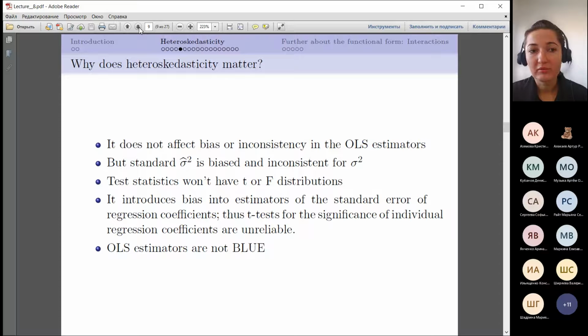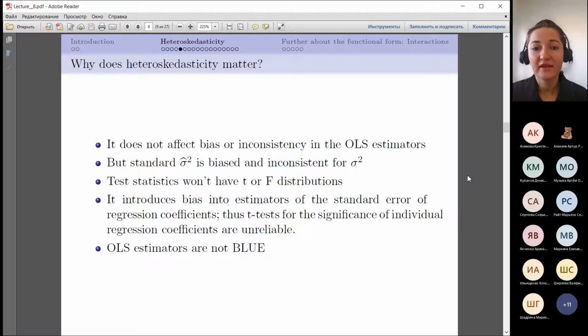So what is the problem? Why does heteroskedasticity matter? What are the consequences? First of all, if you return to the first slide with the ordinary least squares assumptions and take a look at it, you can find that your estimator of the coefficients will not necessarily be biased; you have a chance that your coefficients will be unbiased and consistent.